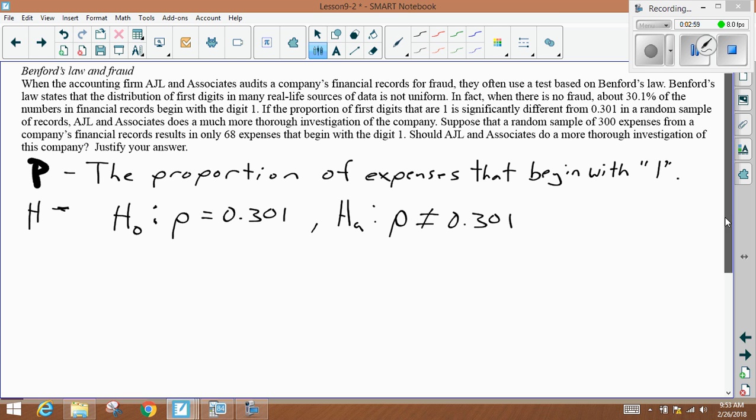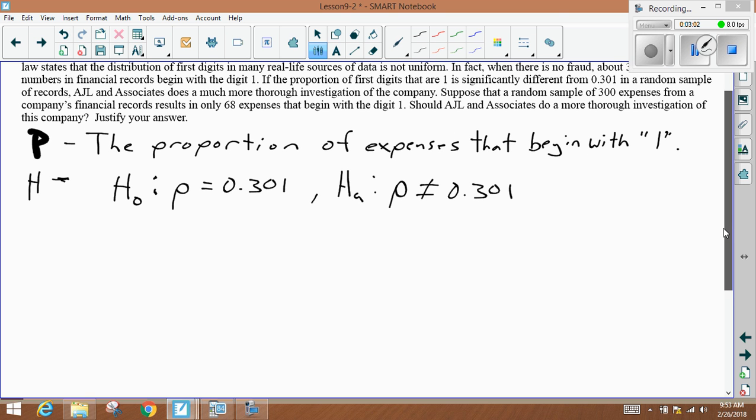Okay. A, let's check our assumptions. It says the data comes from a random sample, right?